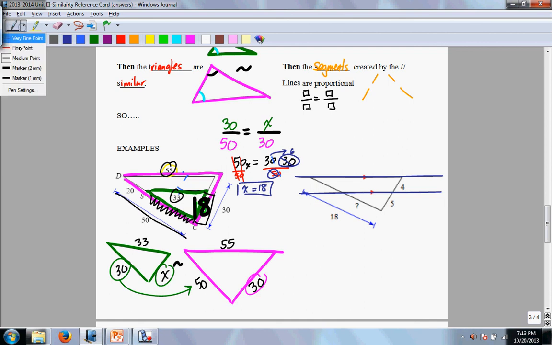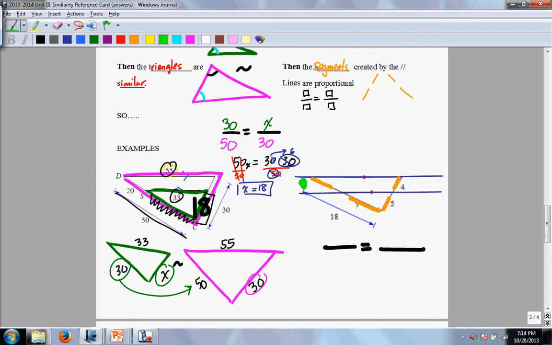So these segments here are all proportional. So we're going to make a proportion. Now the name of the game here is to match and mirror. Match and mirror. Say that with me. Match and mirror. So watch very carefully here because there's a trick to this.